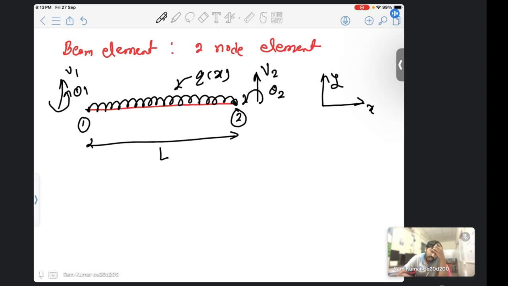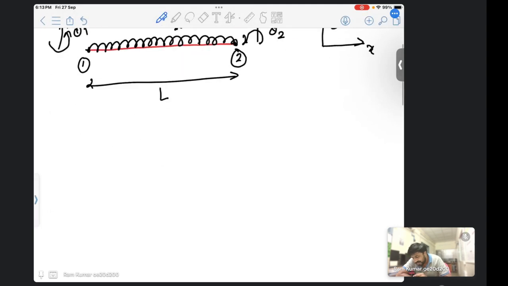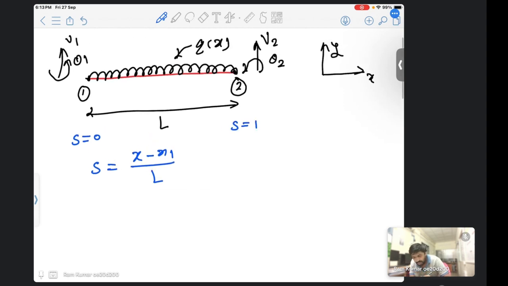Initially we were discussing isoparametric mapping. So what I'm going to do here is convert this beam so that s equals 0 at node 1 and s equals 1 at node 2. So what will s be? s equals (x minus x1) by L, where x is the coordinate in the x direction.